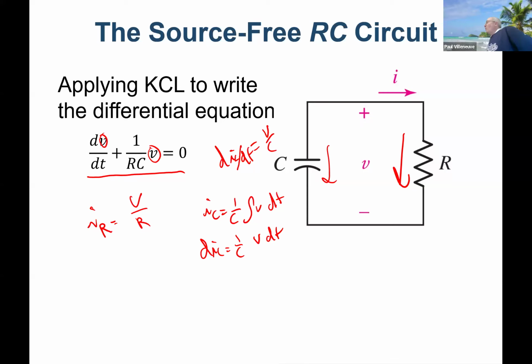And if you remember way back in Calc 1, you know that if I take e to the xt, and take the derivative of e to the xt with respect to time, what do we end up with?